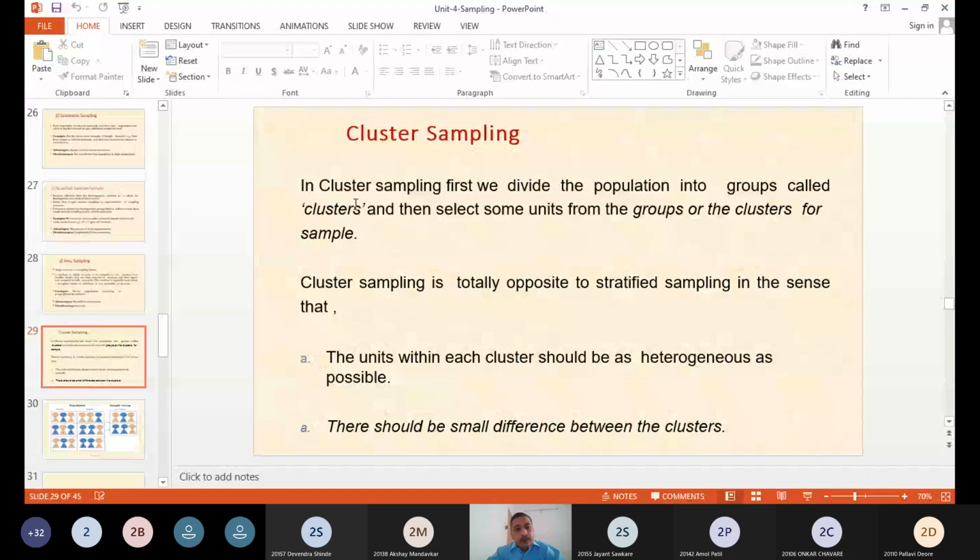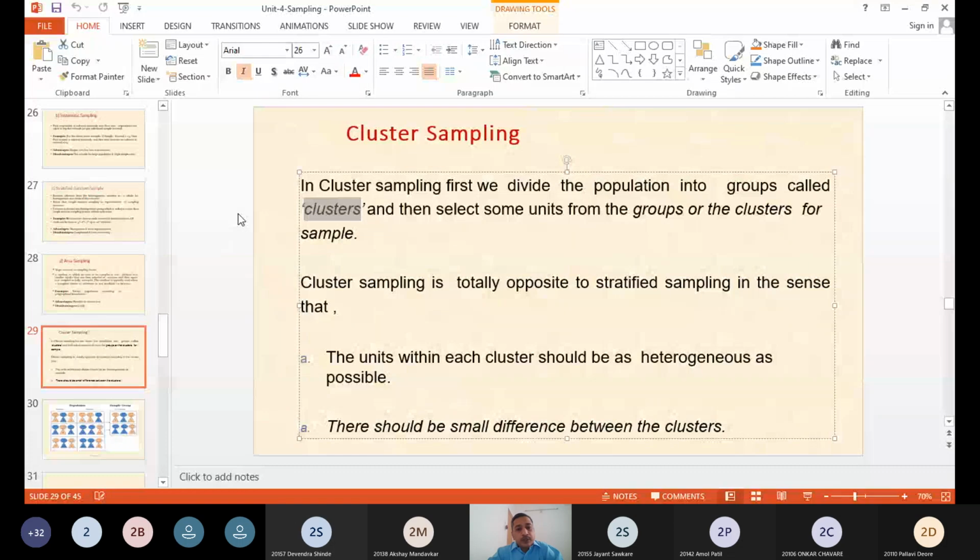In cluster sampling, we divide the entire population into groups. These groups are called clusters, and then we select some units from the different clusters as a sample.